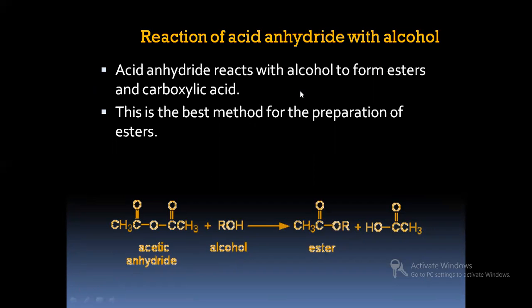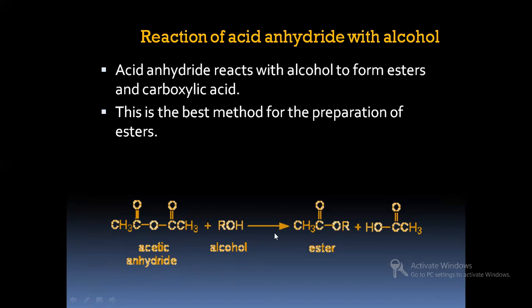Next, we have a reaction of acid anhydride with alcohol. So here, the example we are taking is acetic anhydride. It reacts with alcohol to form an ester, and it gives out an acid, that is the carboxylic acid. This method is considered to be one of the best methods for the preparation of esters because it is a simpler method and can be carried out at room temperature.